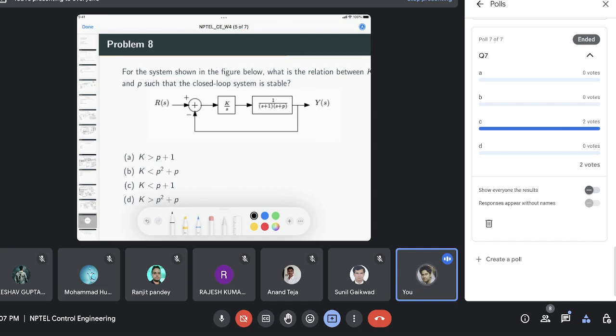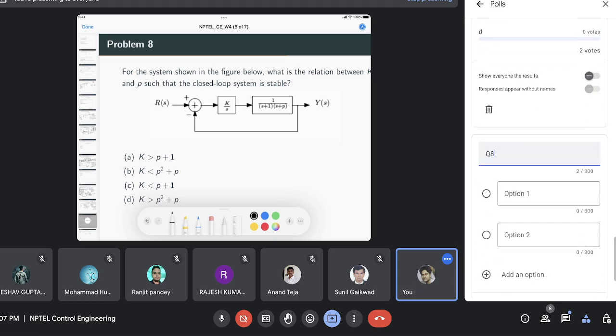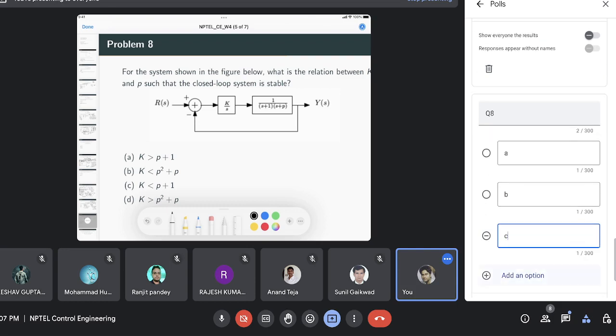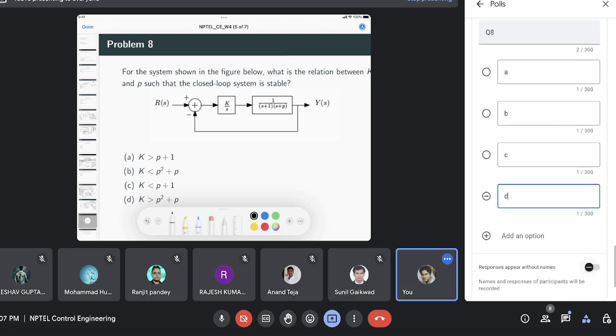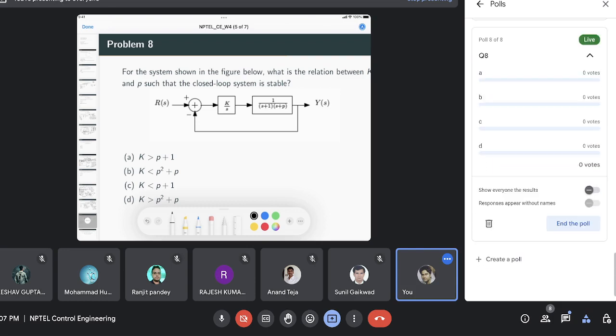Again, you just apply this Routh-Hurwitz criteria and find the relation. So again, very simple question. Okay, so question 8. Yeah, so you can answer.